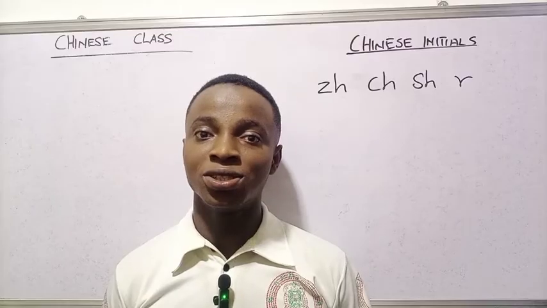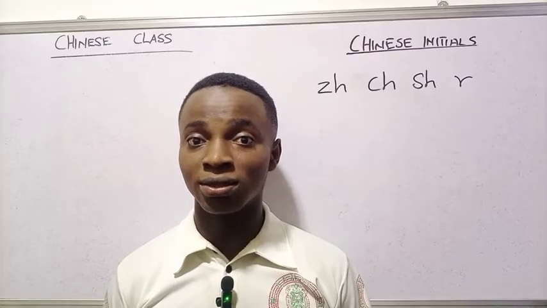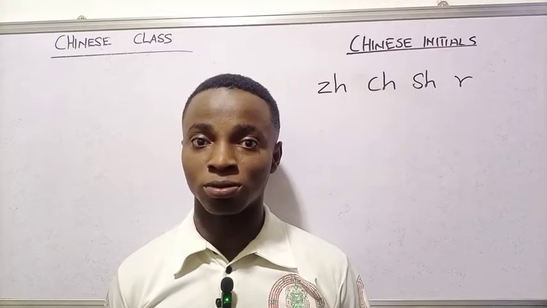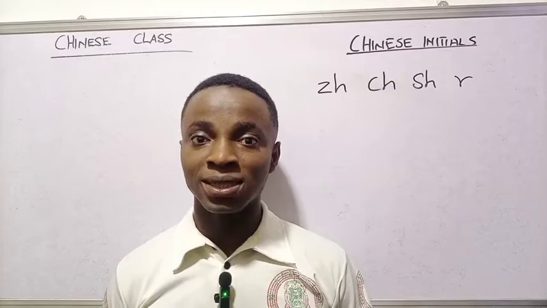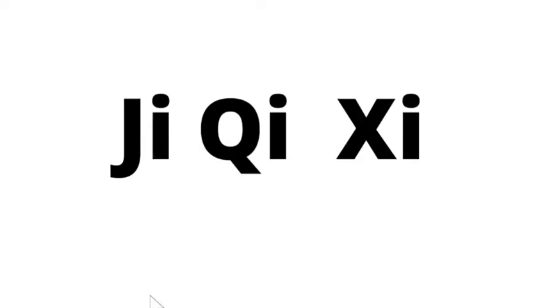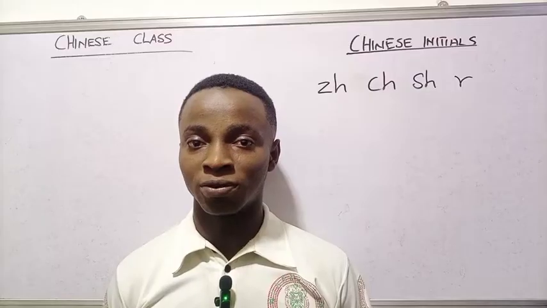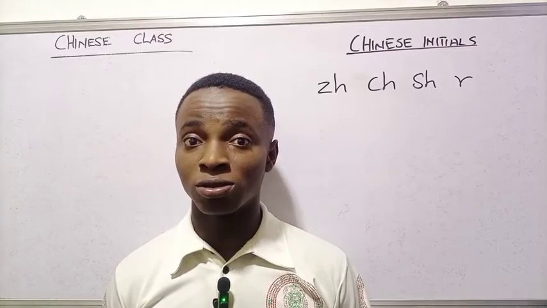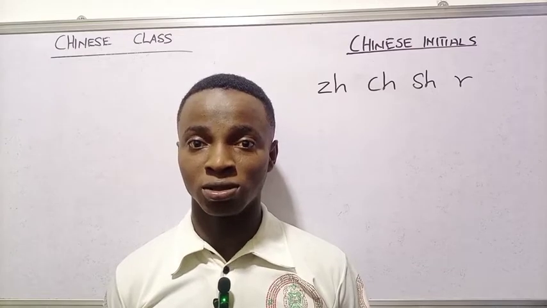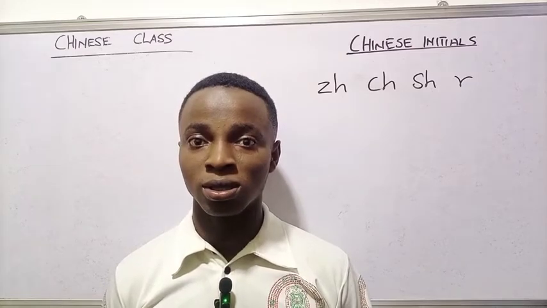We said that initials cannot stand alone, they need finals for them to be sensible, so we add i to three of them: ji, qi, xi. In this very episode, we are going to be looking into the 4 initials written on the board. Stay tuned.